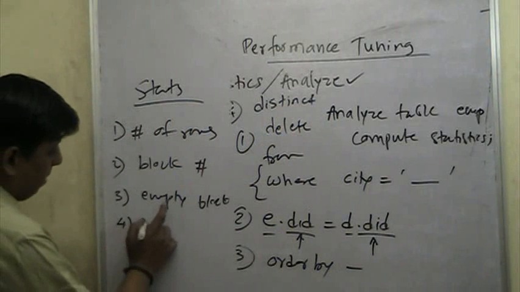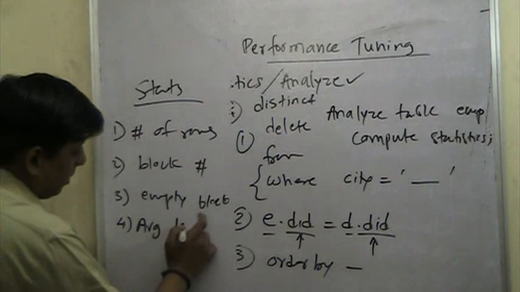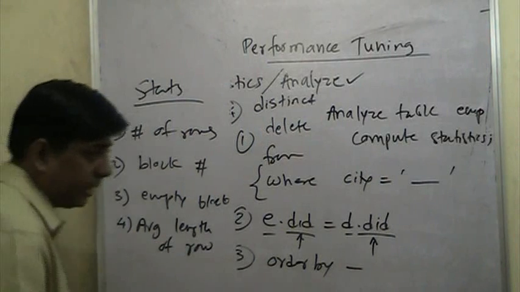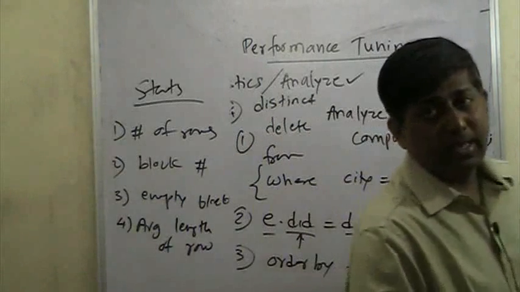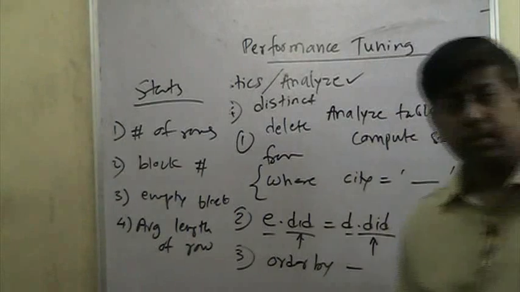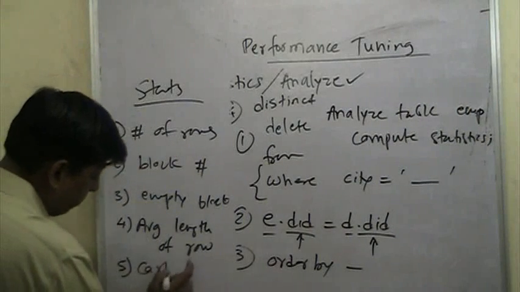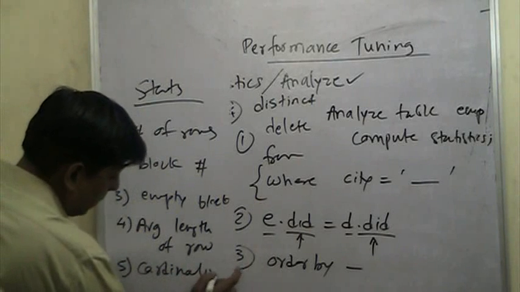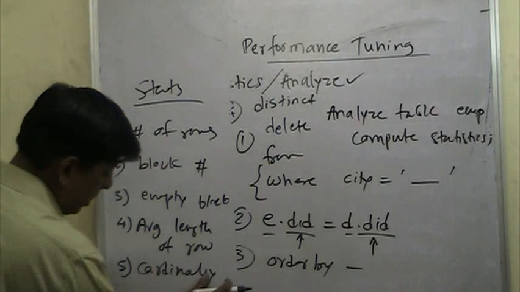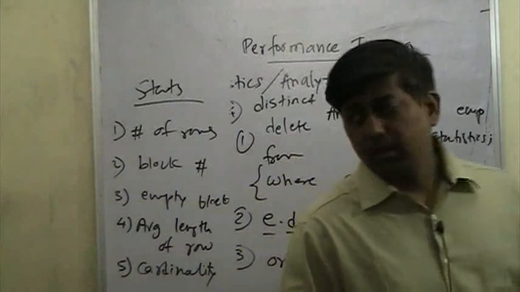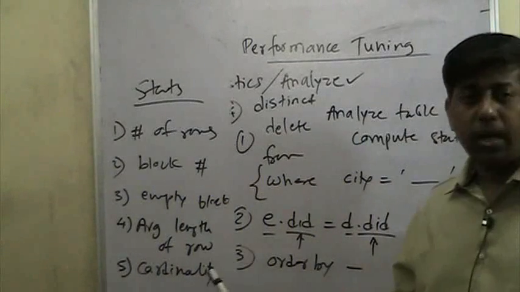Then the fourth thing is the average length of a row, whether it is 20 bytes or 15 bytes. Then certain information about the data also, the cardinality of the data; we'll talk about cardinality later. All those things are what I call statistics.